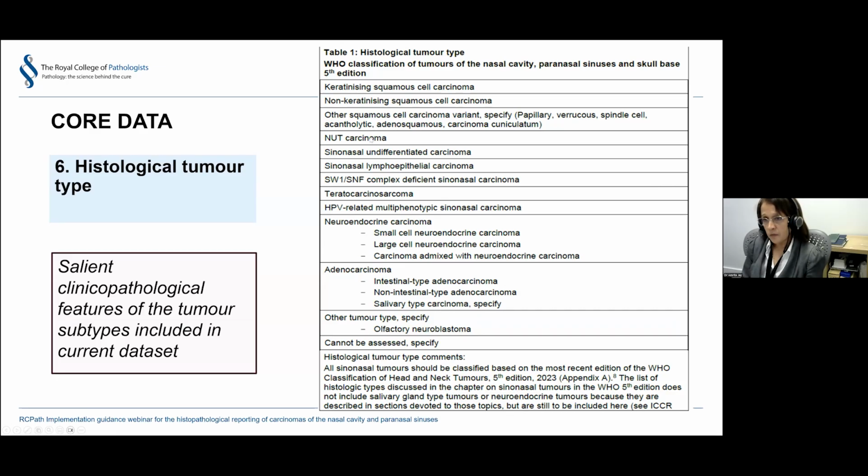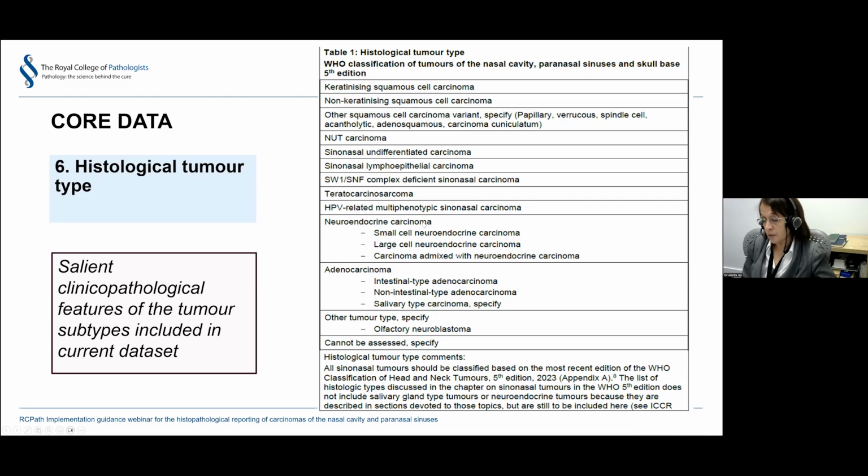But in addition to that, we have all the undifferentiated or poorly differentiated tumors, such as NUT carcinoma, the undifferentiated carcinoma, lymphoepithelial carcinoma, the SWI/SNF complex deficient sinonasal carcinoma, the very rare teratocarcinosarcoma, and the HPV-related multiphenotypic sinonasal carcinomas. In addition to that, we do have neuroendocrine carcinomas.